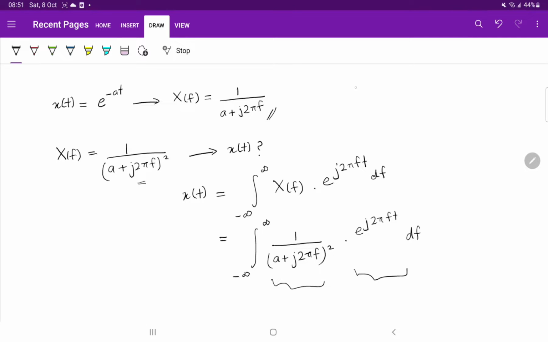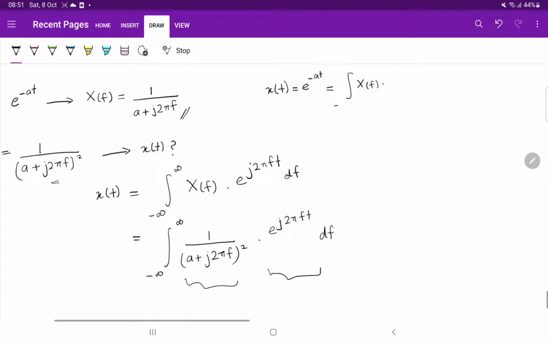We can directly write x(t), which is going to be e to the power minus at, equal to the integration of X(f) into e to the power j 2 pi ft df. You can always use this inverse Fourier transform equation in any instance.